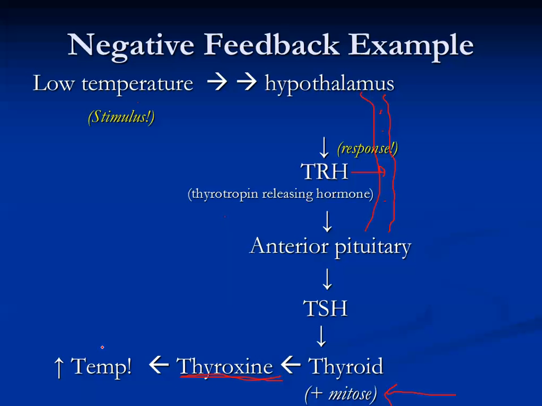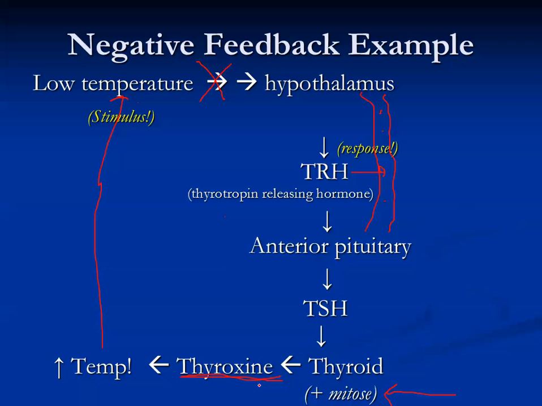So notice this actual stimulus has been diminished or reversed. Low temperature started this all out, and we've raised the body temperature. Since we have a higher body temperature, the hypothalamus is no longer stimulated to release TRH, therefore the anterior pituitary is no longer stimulated to release TSH, and TSH is no longer stimulating the thyroid gland to mitose and release thyroxine.